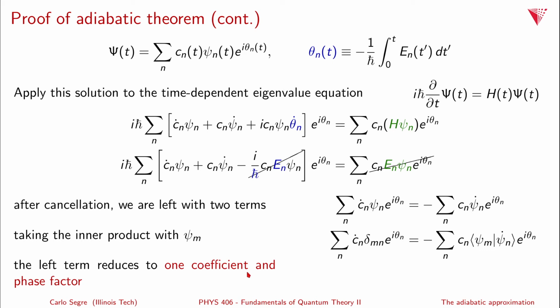So we can see that the left side term, because of the delta function, reduces to one coefficient, that is c sub m, and one phase factor, e to the i theta sub m.